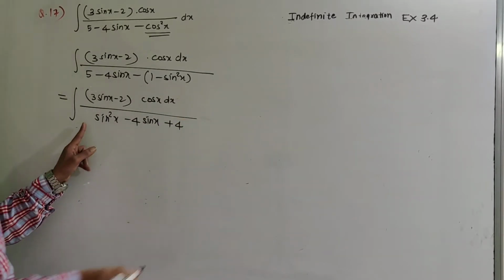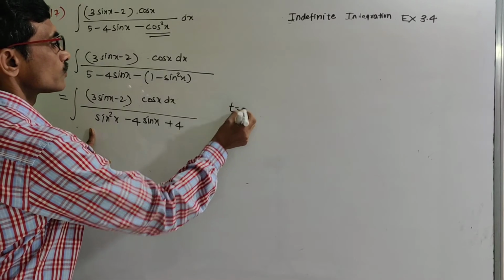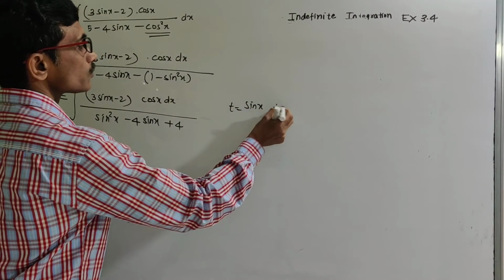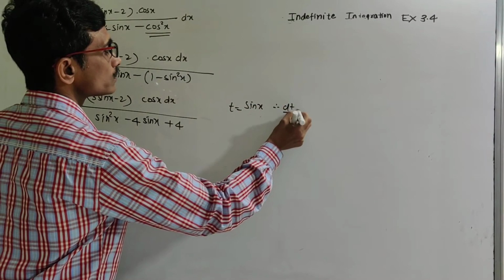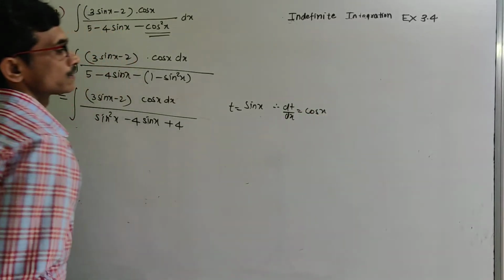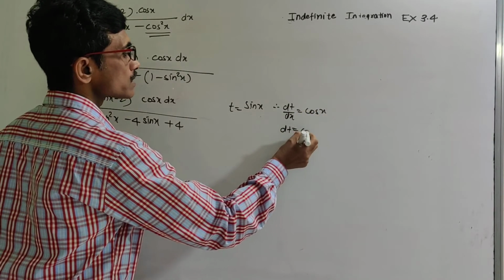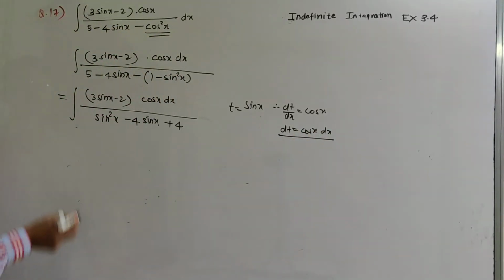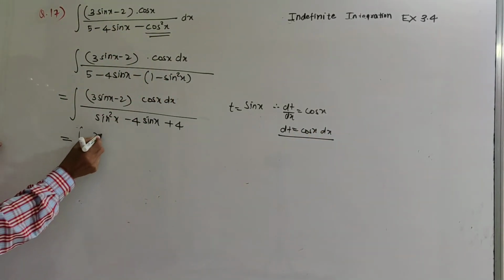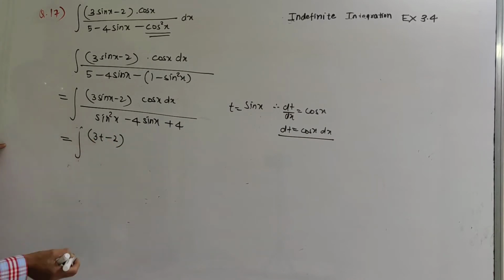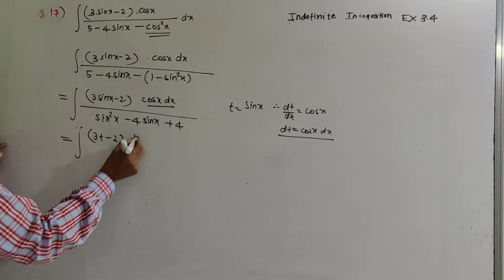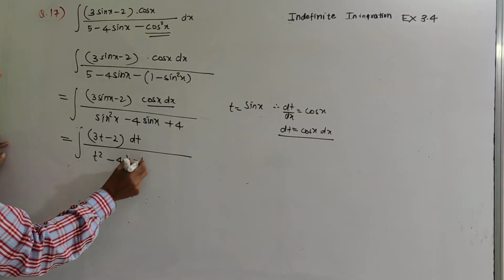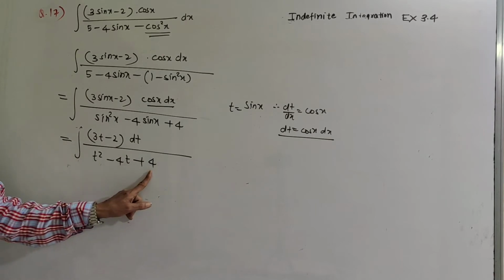Now if you put t is equal to sin x, therefore dt by dx is equal to cos x and dt is equal to cos x dx, so that the integral is 3t minus 2 dt upon t square minus 4t plus 4, which is the square of t minus 2.